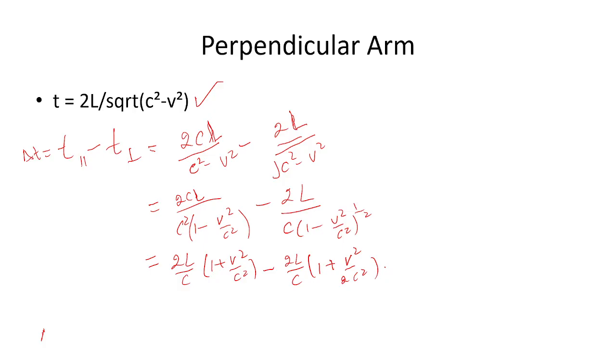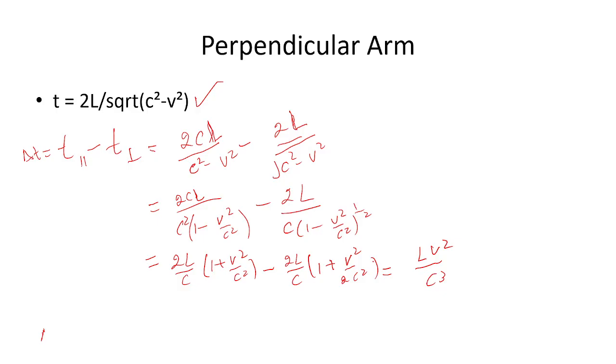Simplifying it, we get, you see the first term will cancel out, and the second will be, so we are left with L V square over C cube.